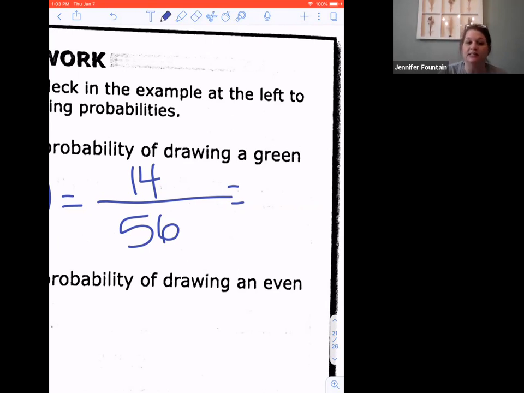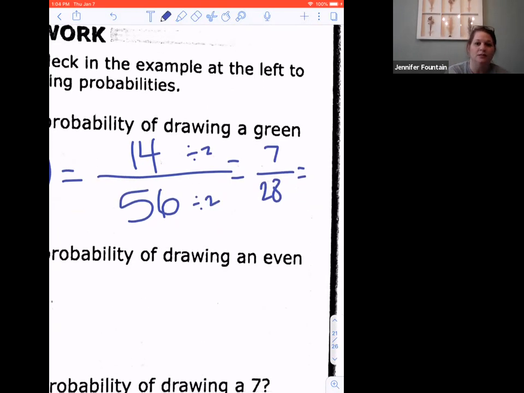If you wanted to look at this and say, hey, they're both even, I want to divide by 2, you can do that. Divide by 2, and 14 divided by 2 is 7. And 56 divided by 2 is going to be 28. But now look at 7 and 28. What are they both divisible by?